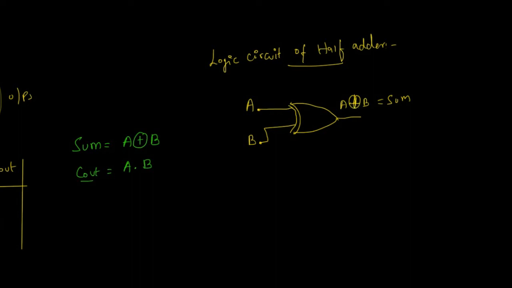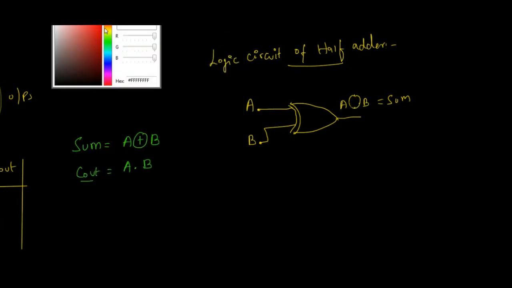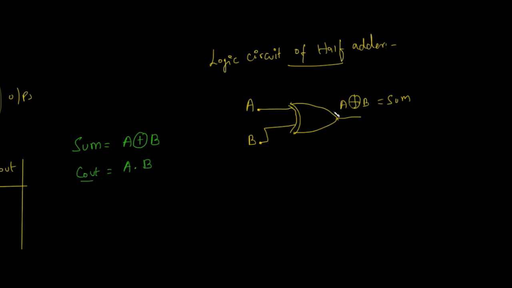Just a minute, I'll just change this. I'm sorry, A XOR B. Okay, so it is A XOR B, and we can draw an AND gate.